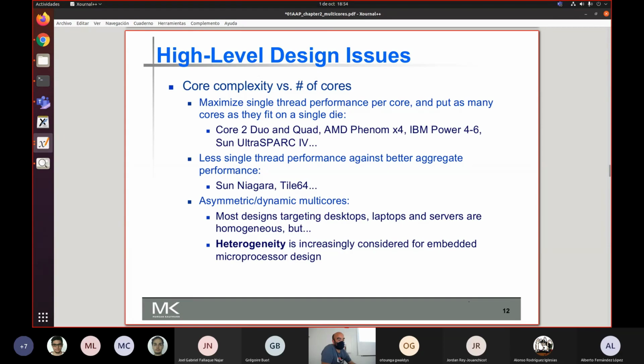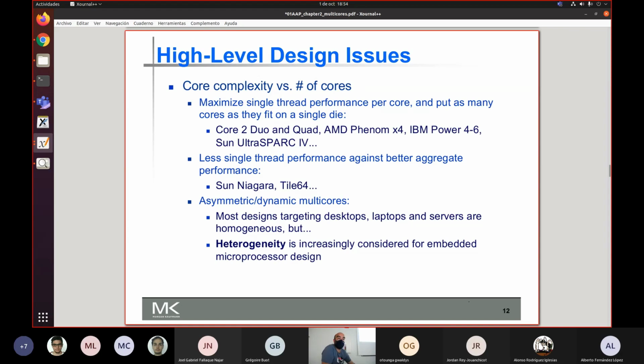So when you make a multi-core computer or processor, you can think, okay, I'm going to design a single core, which is complicated and is fast, and it can execute a single task as fast as possible, and then I'm going to put as many of them on the same die as I can.